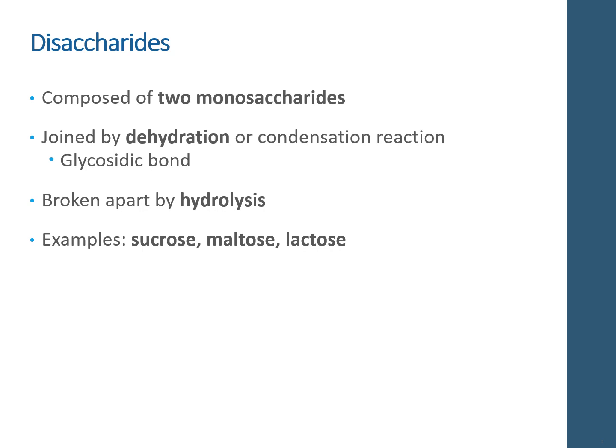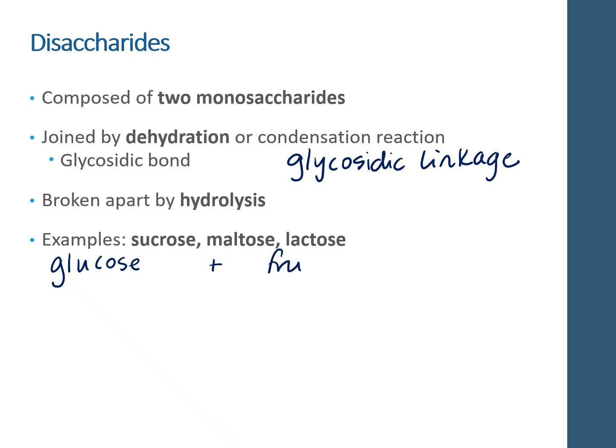The specific bond that results from the dehydration reaction of two monosaccharides is called a glycosidic bond, or a glycosidic linkage. So for example, a couple of disaccharides here: sucrose, maltose, and lactose. Sucrose is a disaccharide that is made up of glucose plus fructose. So again, I'm going to draw our glucose molecule.